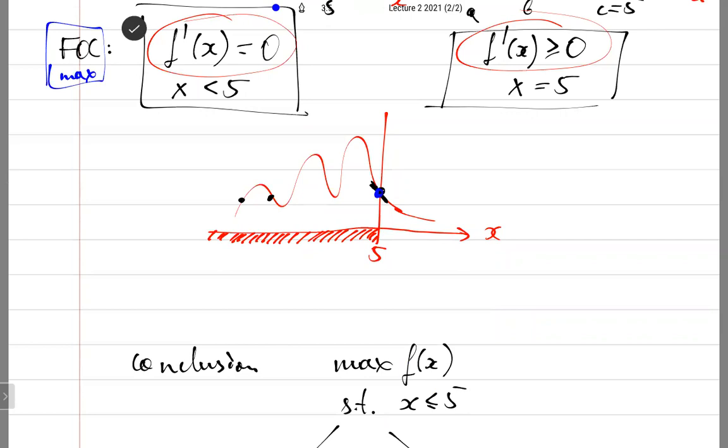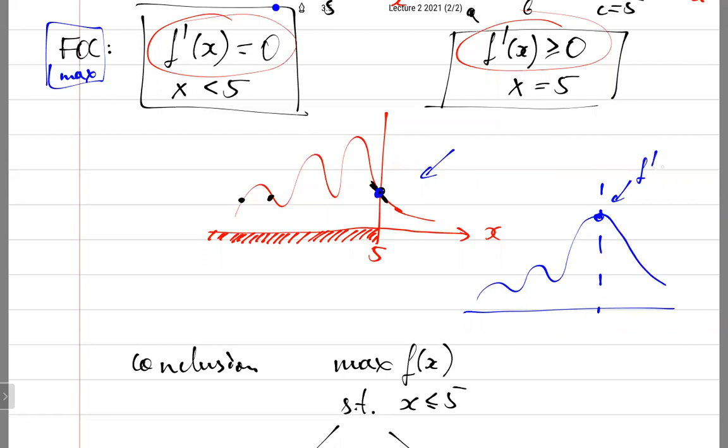Yeah, and if 5 is some sort of boundary, on the left side the graph increases, and on the right side the graph starts to decrease, in that case f prime at 5 is exactly 0.